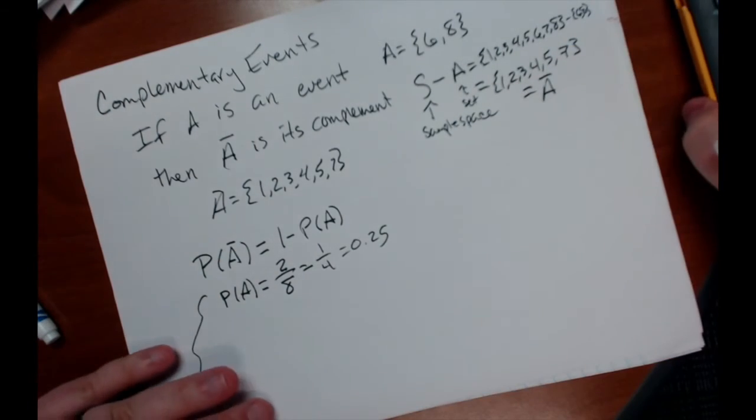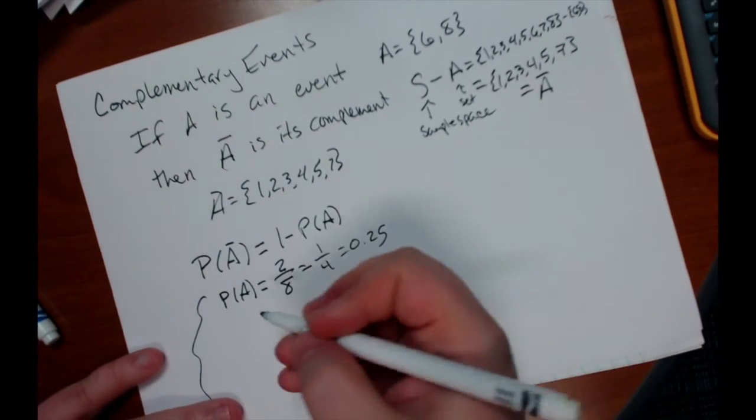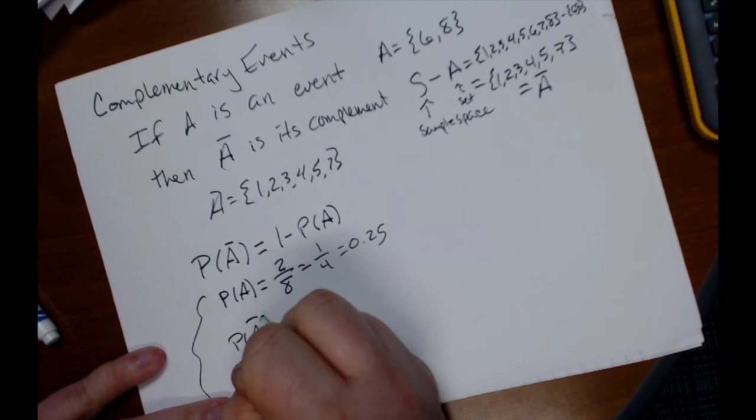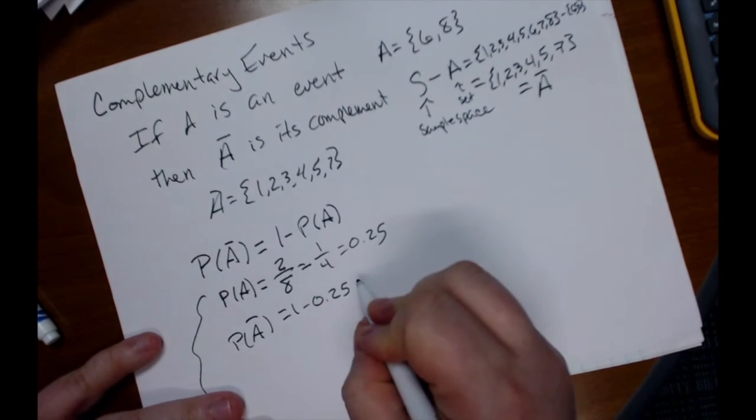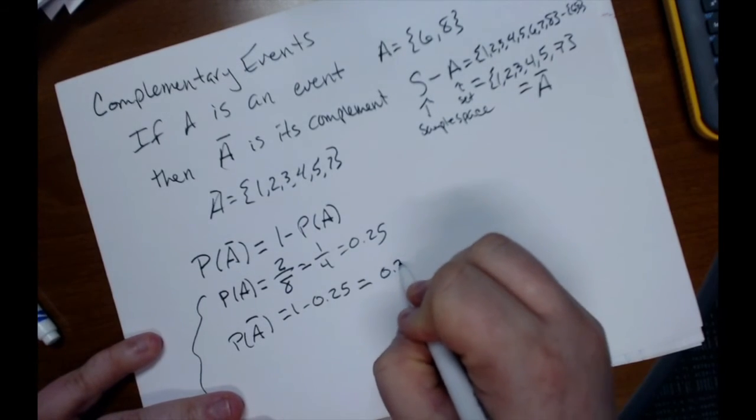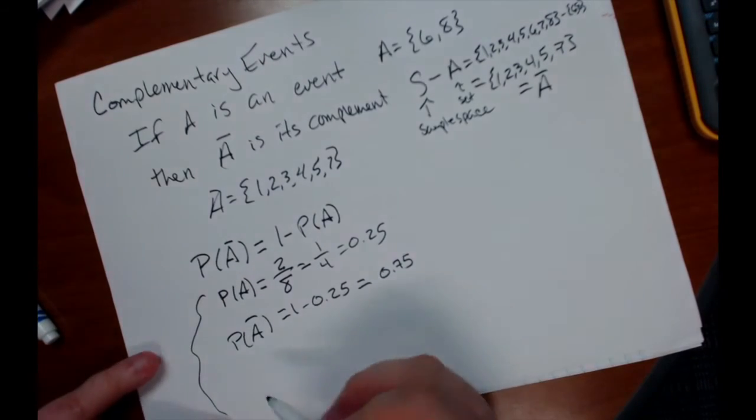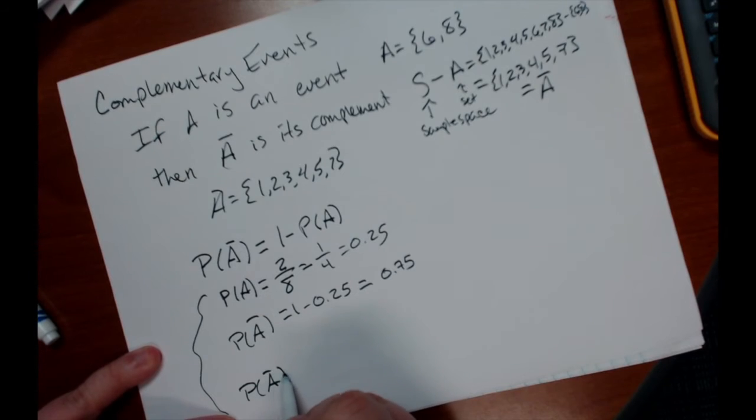That was much harder to think through than it should have been. So the probability of A complement, if this equation is right, should be 1 minus 0.25. Well, that's 0.75.